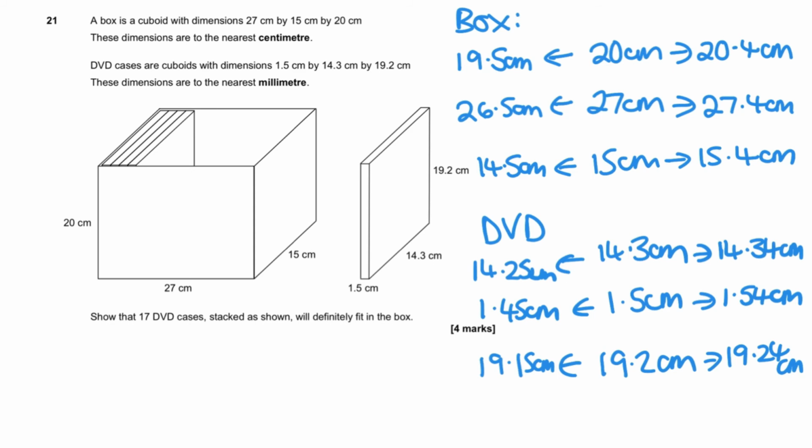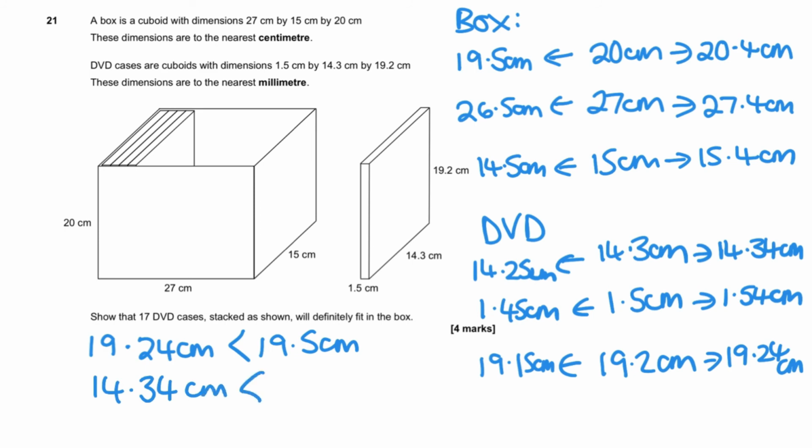So the largest possible height of the DVD box is 19.24 centimetres, which needs to be smaller than the smallest possible height of the box, which is 19.5 centimetres. We need to make sure that the largest possible width of the DVD box at 14.34 centimetres is still smaller than the smallest possible width of the box, which is 14.5 centimetres.